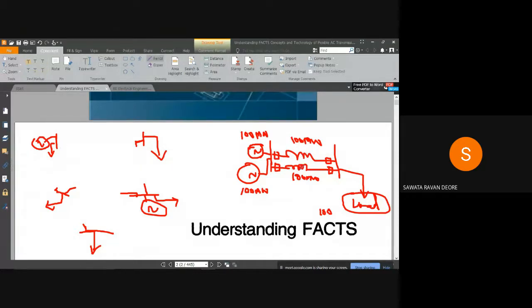That is already there. But in order to improve the reliability, separate 2 generators were required. Like that, suppose there is Panvel city, also an isolated power system, with 2 generators feeding that load.